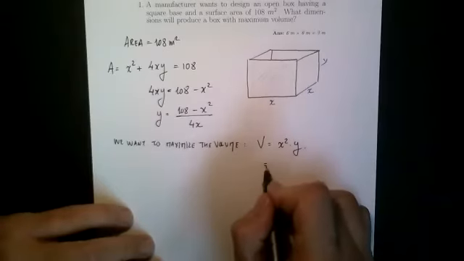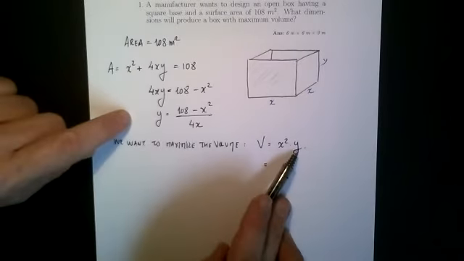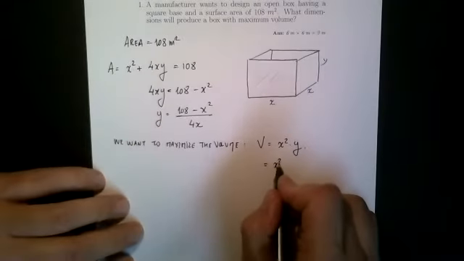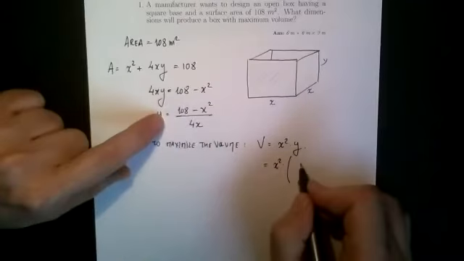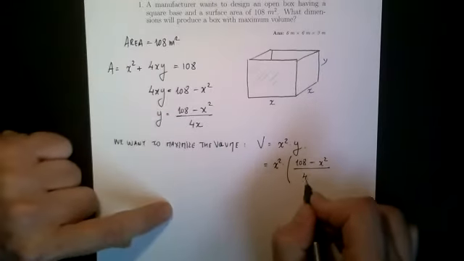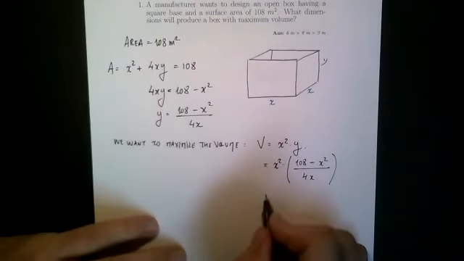Okay, and I will try to express everything in terms of x, which is easy, by replacing the y by what we found here. x² times, and for y I will put (108 minus x²) over 4x. Okay, let's simplify this.